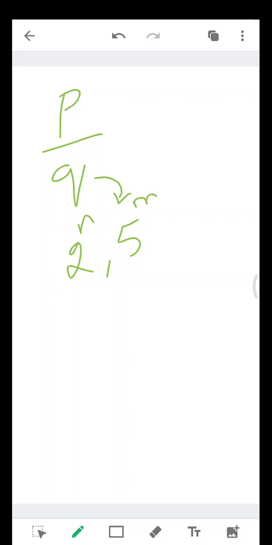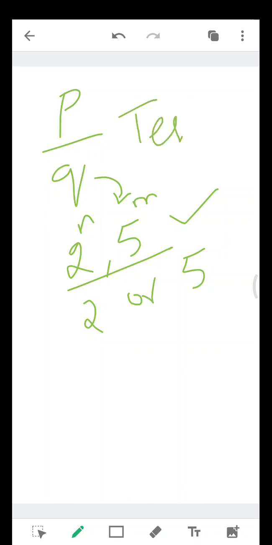So if the denominator of any fraction can be written as 2 power n 5 power m, we can have both 2 and 5, or only 2's, or only 5's in the denominator, then we can say that this is a terminating decimal.